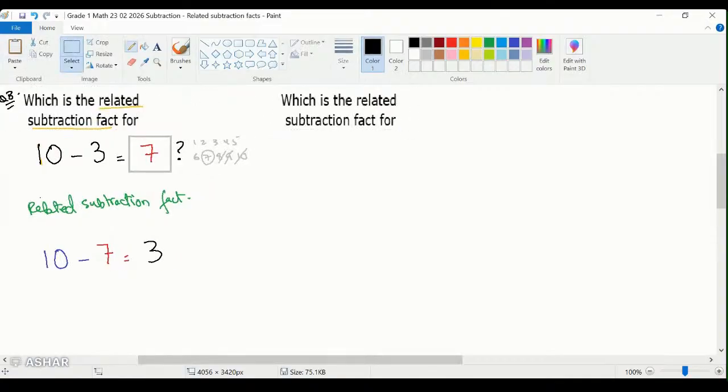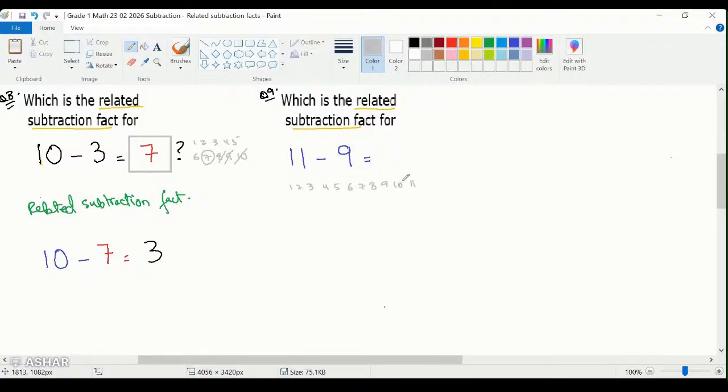Okay, question number 9. It says find the subtraction related fact for, if the given question is 11 minus 9. 11 minus 9 should be, okay, we can write the numbers 1, 2, 3, 4, 5, 6, 7, 8, 9, 10, 11.